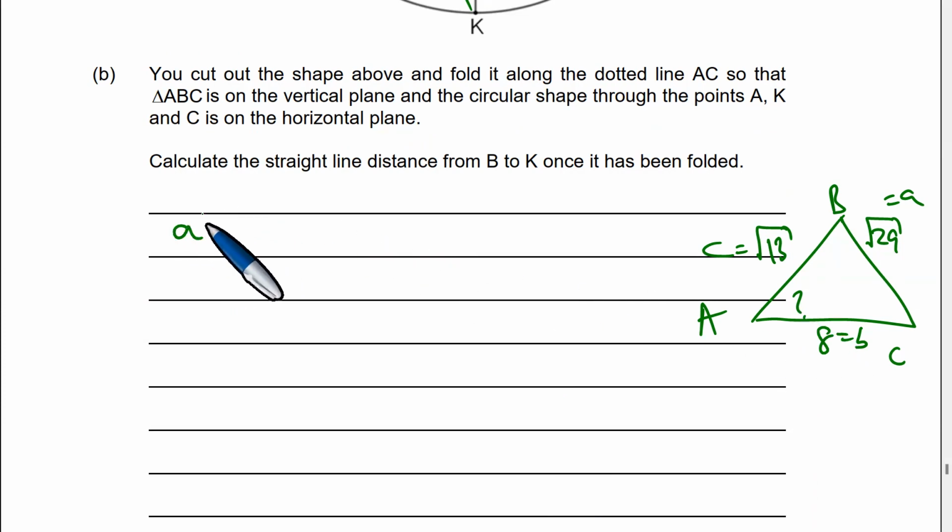So we're going to use a squared is b squared plus c squared minus 2bc cosine A. Okay, this is called the cosine rule.